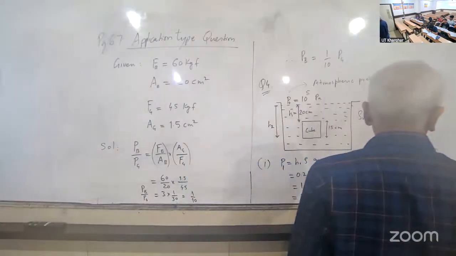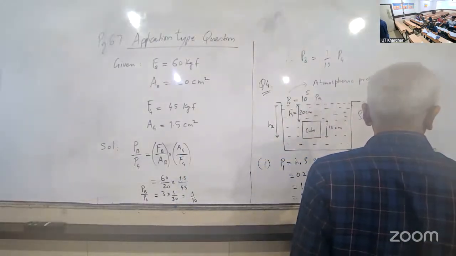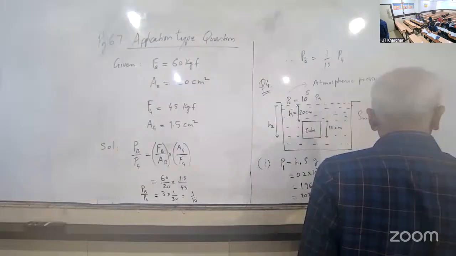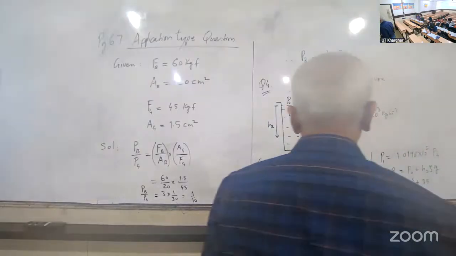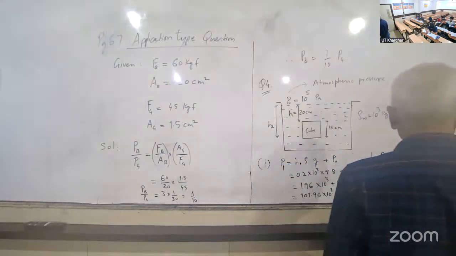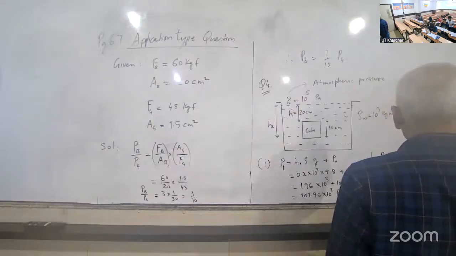Always the depth is from the free surface of water. Right, in that 10 raised to 5. So it is 0.35 into 10 raised to 3.